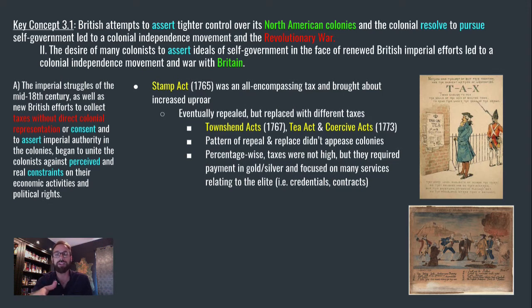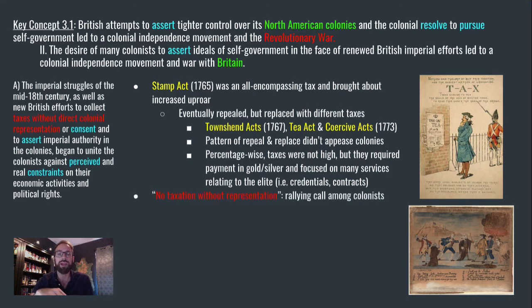And a lot of the things that were taxed related to things dealing with the elite, so credentials, contracts, shipping, and merchants, all of which were the wealthier people in society, the same people who had the power to cause an uproar among the more lowly people that weren't as affected by the taxes. So yes, the taxes were one after another, but if you look at the numbers, they weren't as bad as often mythicized within our history.